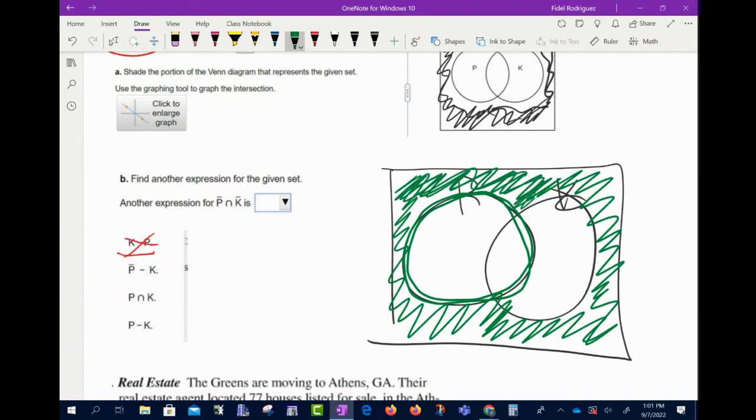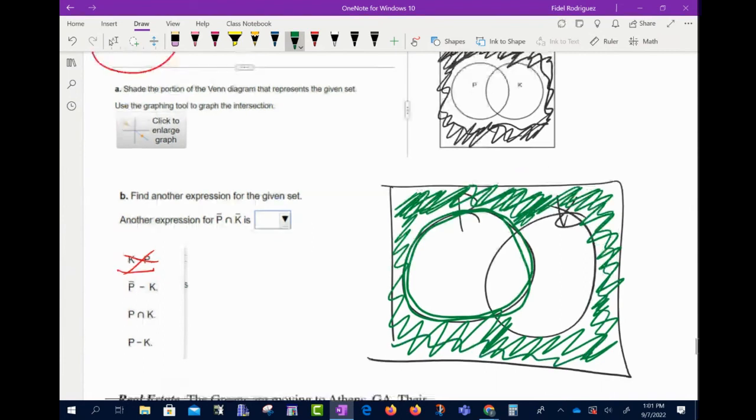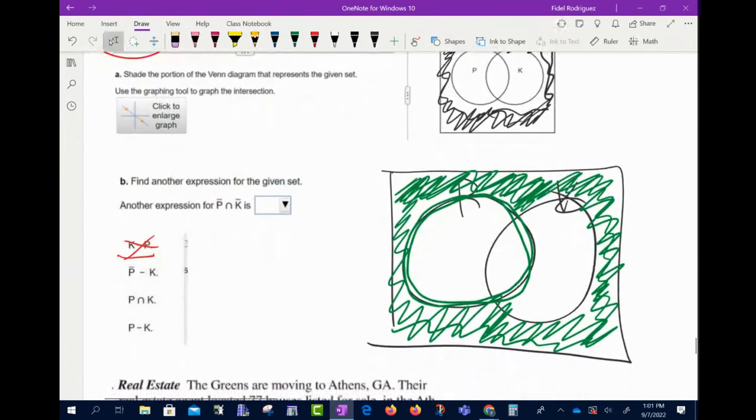So I don't want to include the K. So I'm shading everything outside that green circle, but not the K. Does that look like the picture that we have? Yeah, it kind of does, right? So my choice here, y'all, is going to be P complement minus K.